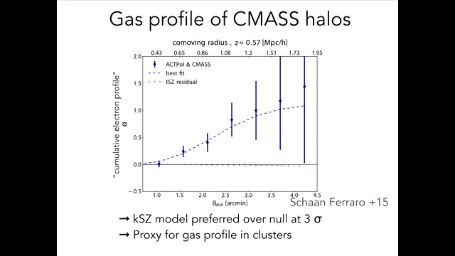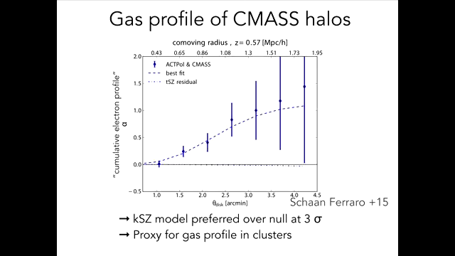That's in part because a larger aperture contains the small aperture, and so most of it is correlated, and that's related to the noise in the CMB maps. So, right, these points are correlated, as you can see. And so overall, it's a measurement at 3 sigma. So it's marginal significance. But what you can see is that the shape here basically probes the cumulative electron profile, which is the thing we're after.